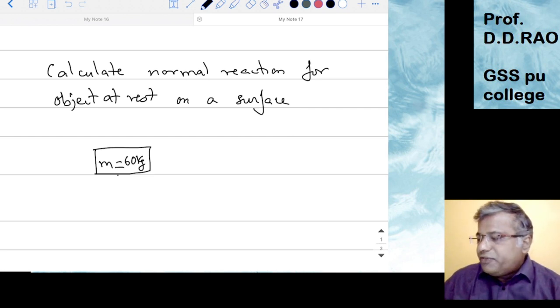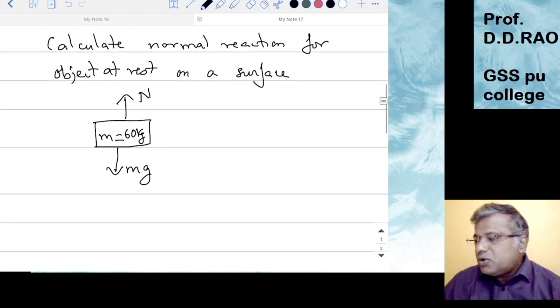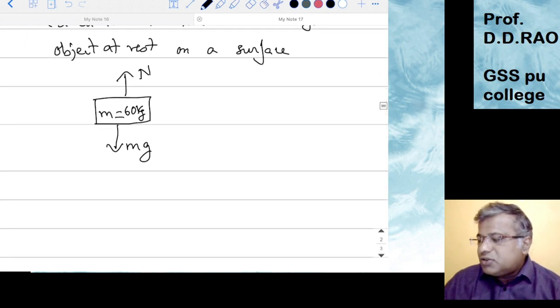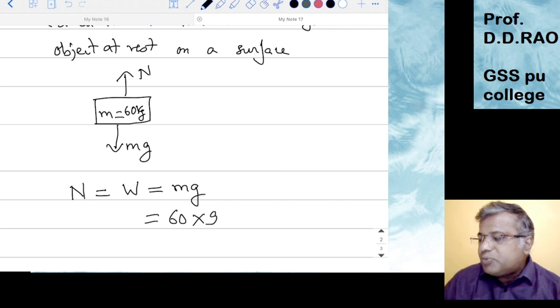The weight mg will be acting in downward direction. The normal reaction N will be in which direction? Upward direction. So if I calculate this normal reaction N, it will be equal to the weight W, and that is equal to mg. So I'll have to multiply 60 with 9.8, which is acceleration due to gravity.